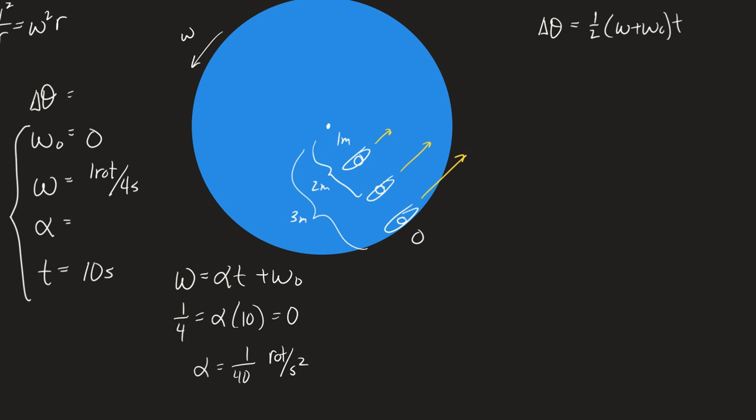That good for you guys? So delta theta equals 1/2 times 1/4 plus 0 times 10. Not terrible. Of course, this gives you 5/4 rotations. The whole thing was in rotations.